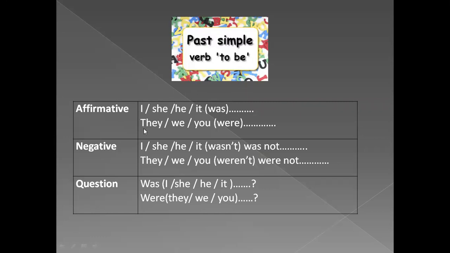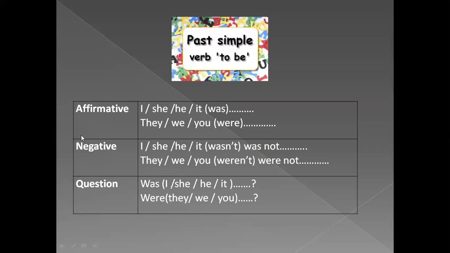And whenever I use a plural subject in the sentence, like they, we, and you, we use were with it. So, when it comes to I, she, he, and it, we use was. They, we, you, we use were.